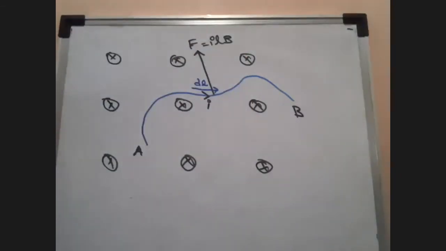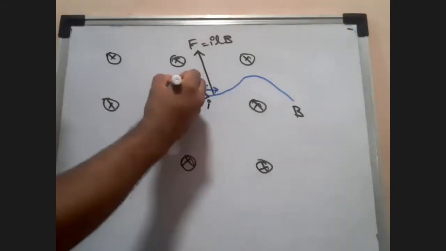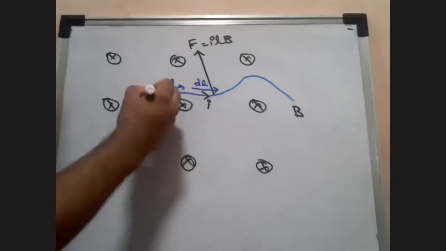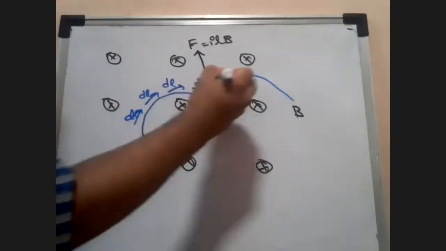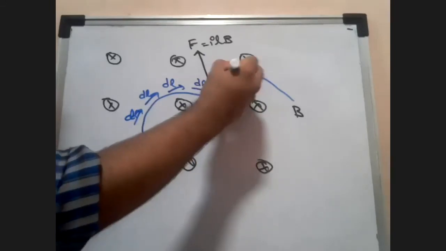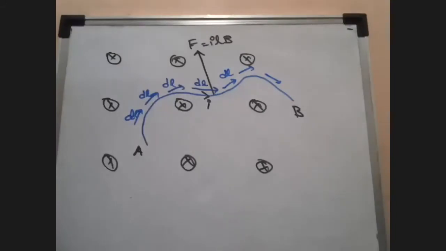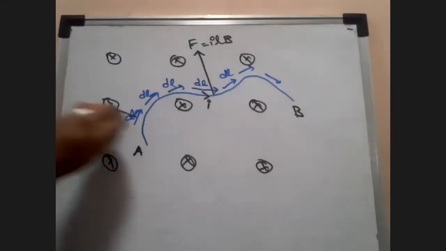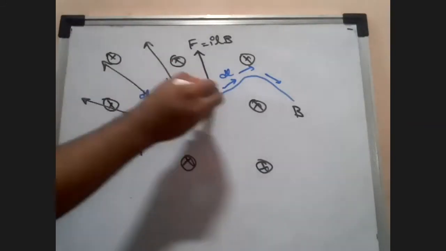But the catch over here is that once you find out dL, you will have to keep taking dL at every point like this, and you will have to integrate all the forces you get because of this length.